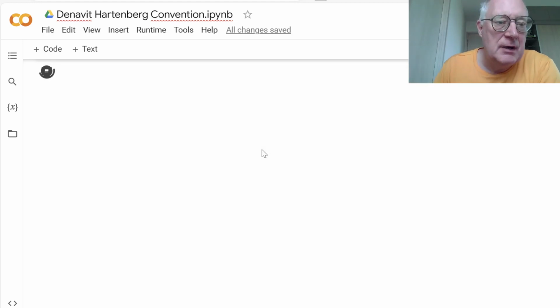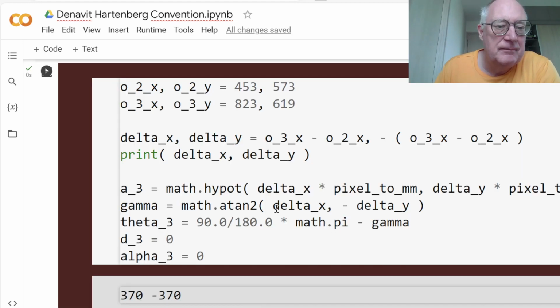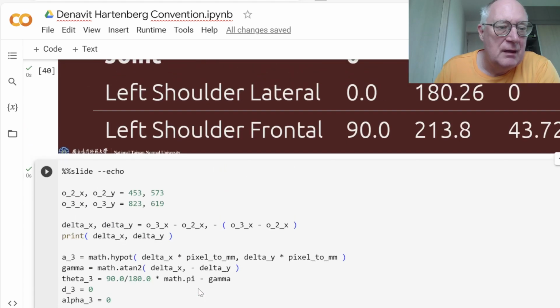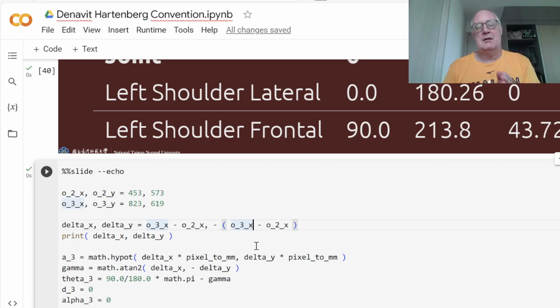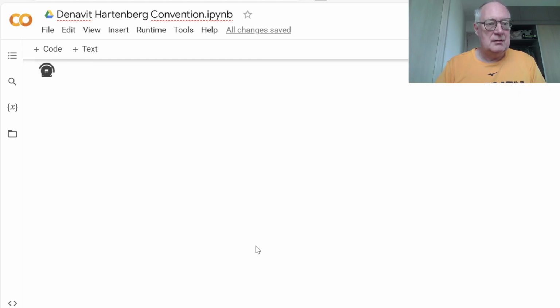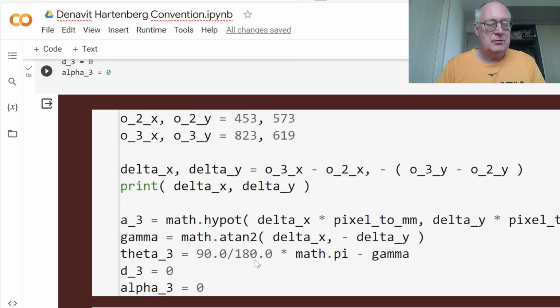Yeah, I'm not sure why I came up with a 45-degree angle there, but that's what I printed out, negative 370 degrees. Then I noticed I had a bug here, there should be y, not x, of course. And let's see what the angle is that we get, minus 46.